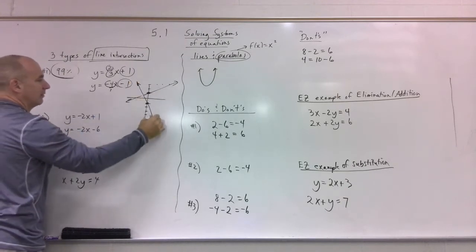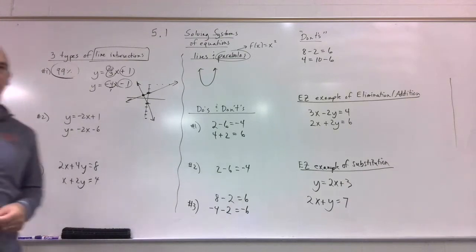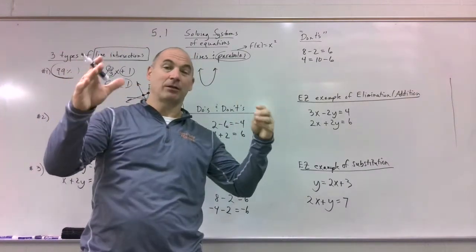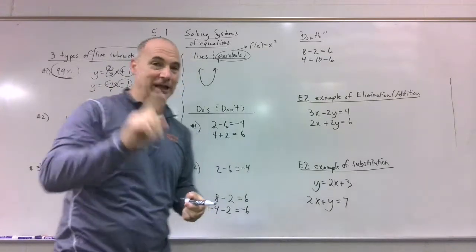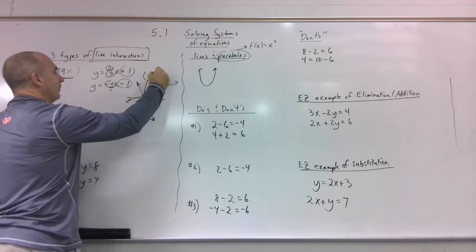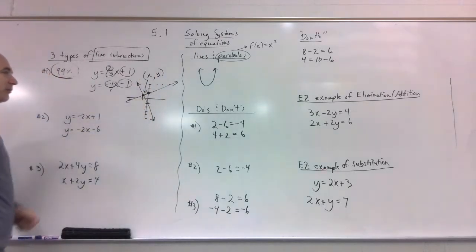I'd go like this, and this is where the intersection point would be. Now, I'm not going to calculate it right now. I'm just trying to scratch the surface and say 99% of the time you're going to find an answer, and that answer will be an x, then a y. The x value, then the y value.